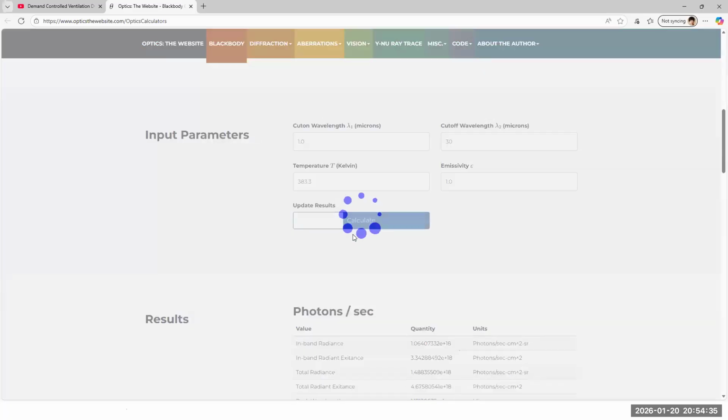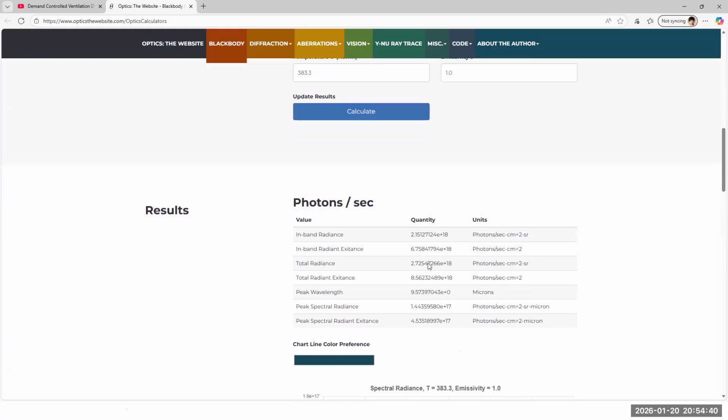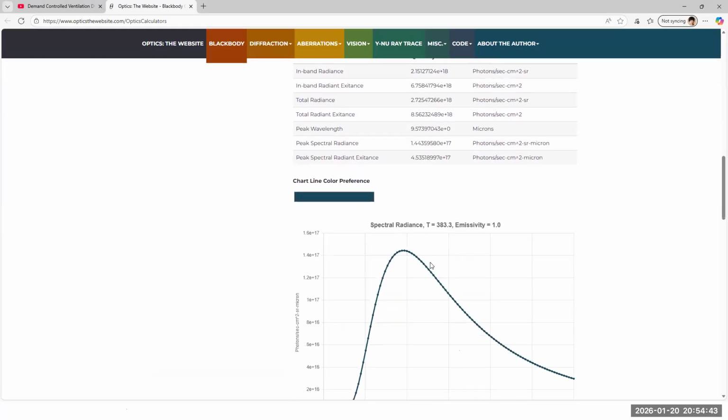Now the other one is for cooler winter. Our outdoor temperature is maybe 10 degrees Celsius. Let's see the results. The peak wavelength is 9 point something, it shifts.